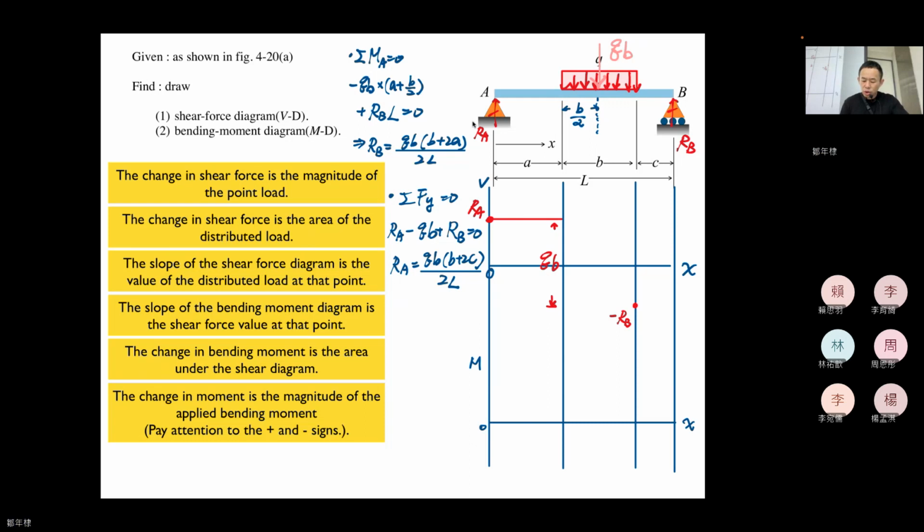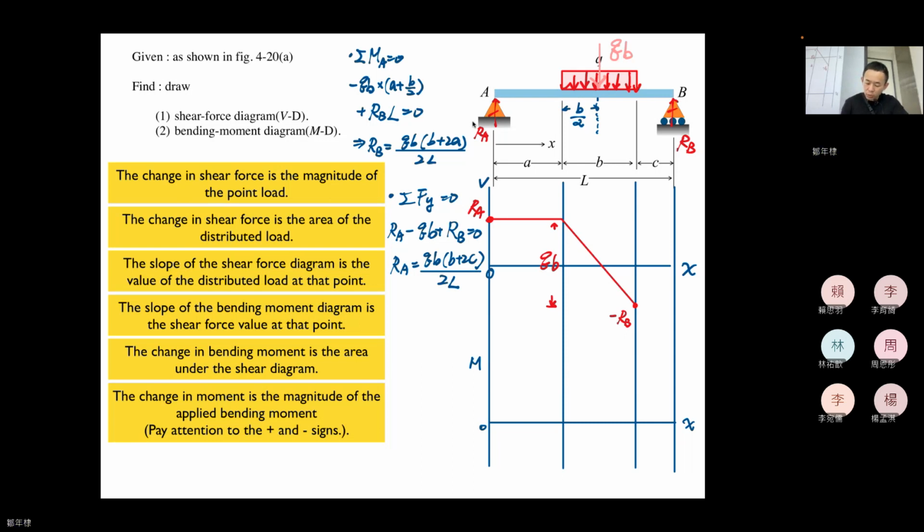The slope of the shear force diagram is the value of the distributed load at the point. So the slope will be equal to the value of this distributed load, Q. So it will be a straight line, because there's only one constant Q, right? So it must be a line, right?